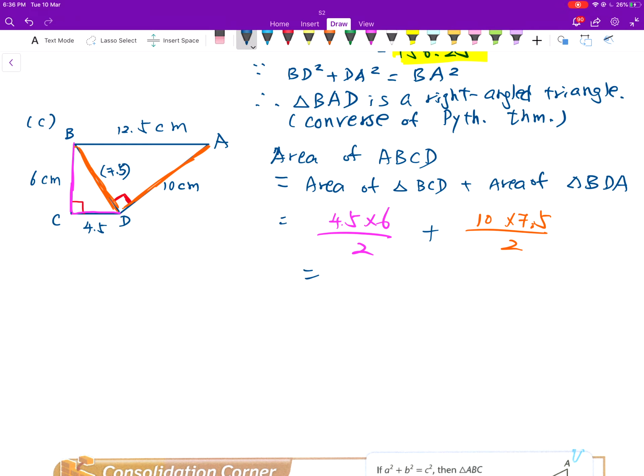So the value is 13.5 plus 37.5. Finally it equals 51. Don't forget the units, cm squared.